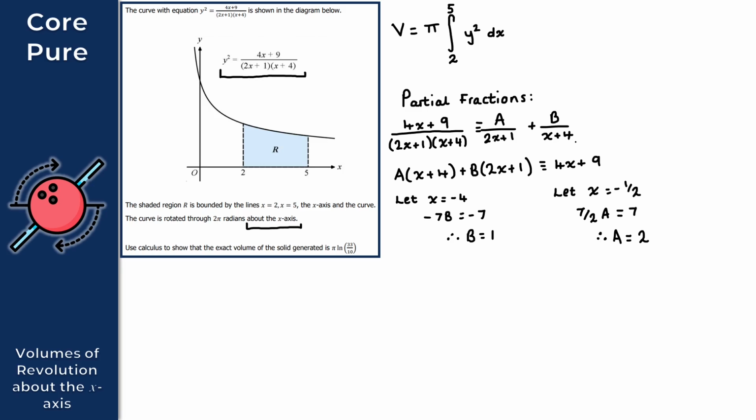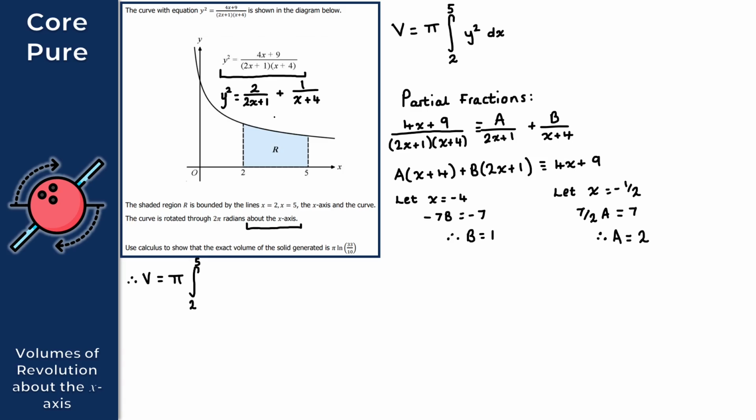And trying to integrate this here now is much more straightforward, right? So in that case, then we can now rewrite v here. So in that case, then v here, the volume is equal to pi times the integral here then from a to b. So again, from 2 to 5, the limits won't change, right? So from 2 to 5. And for y squared then, rewriting this as its partial fraction decomposition here, we get 2 over 2x plus 1 plus 1 over x plus 4.